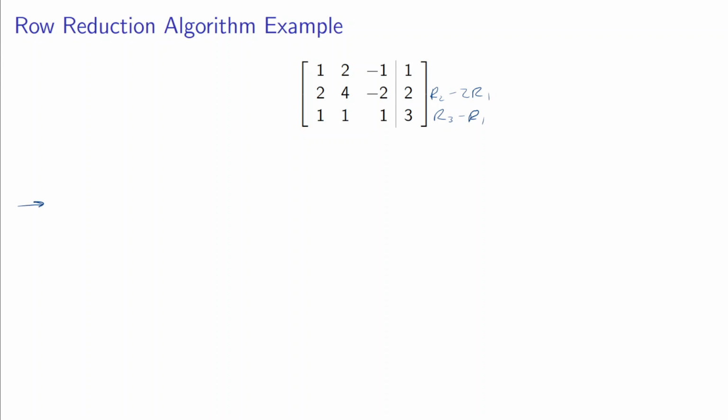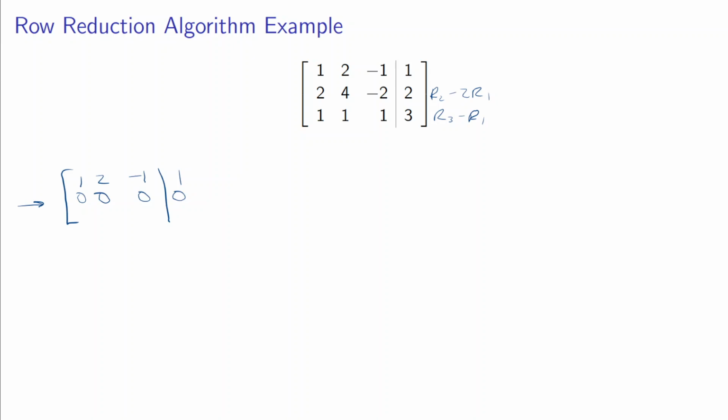So this gives us the next step of the matrix of the row reduction: 1, 2, negative 1, 1, and then 0. 4 minus 2 times 2 is 4 minus 4, so that's 0. Negative 2 minus negative 2, so that's negative 2 plus 2, which is 0, and then 2 minus 2 is 0.